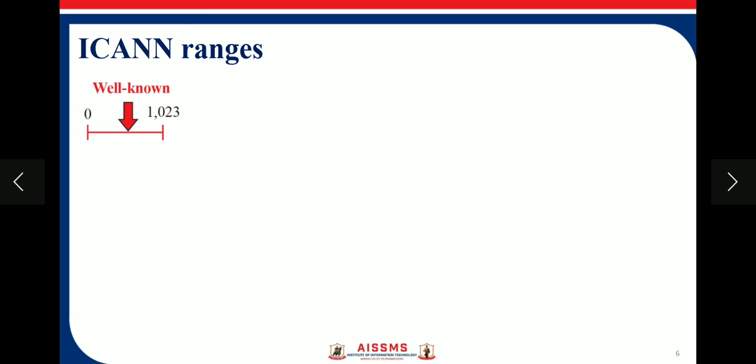Then next is the registered ports. The registered ports, ranging from 1024 to 49,151, are not assigned or controlled by ICANN. They can only be registered with ICANN to prevent duplication.